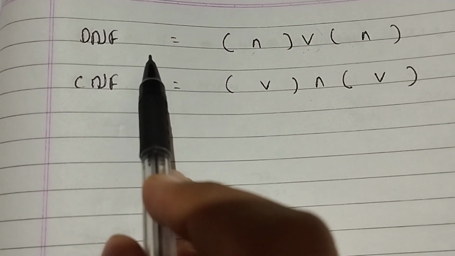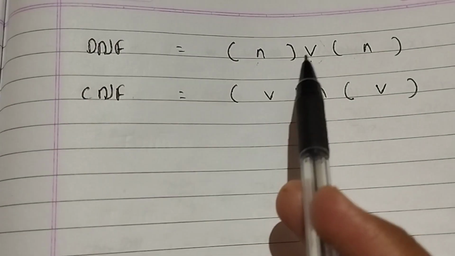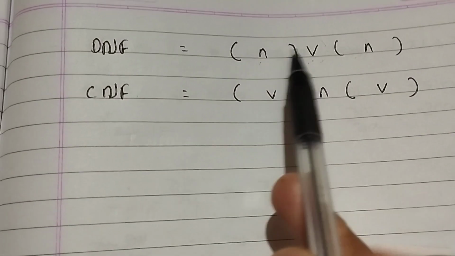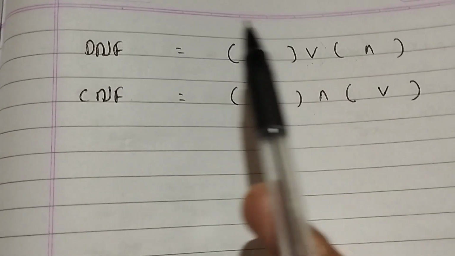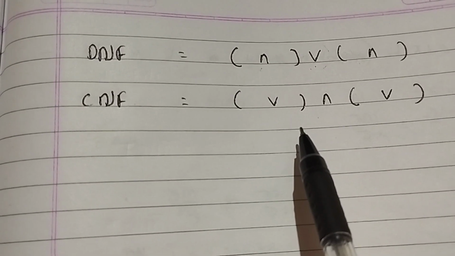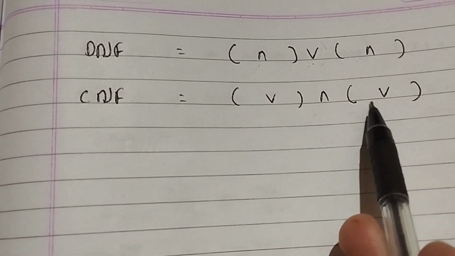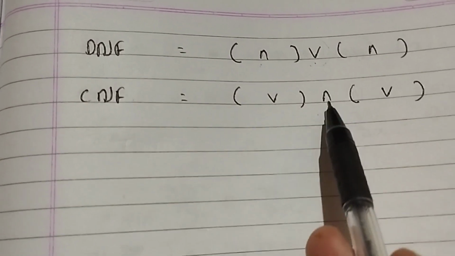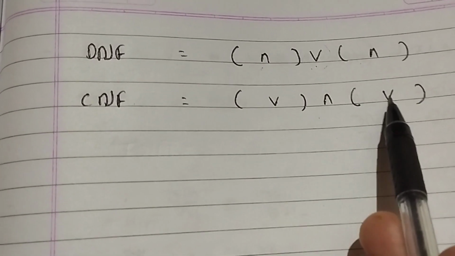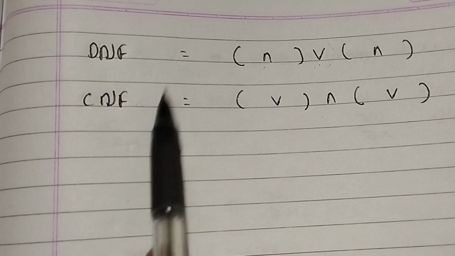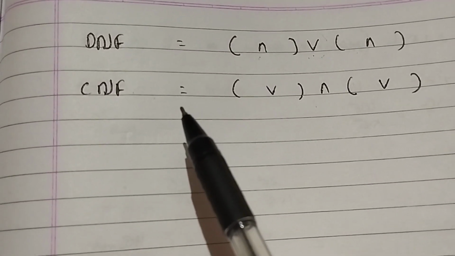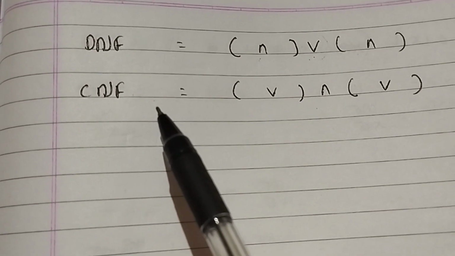So sum of the elementary products means DNF, and product of the elementary sums, where product means AND and sum means OR, is the CNF. So follow the same procedure and find out the DNF and CNF.